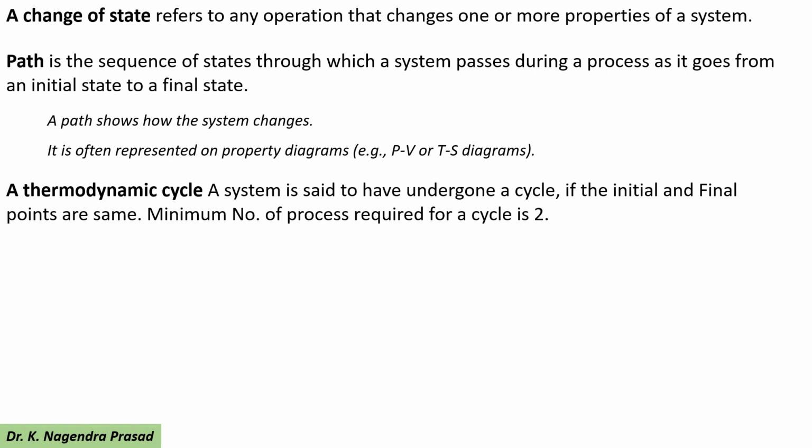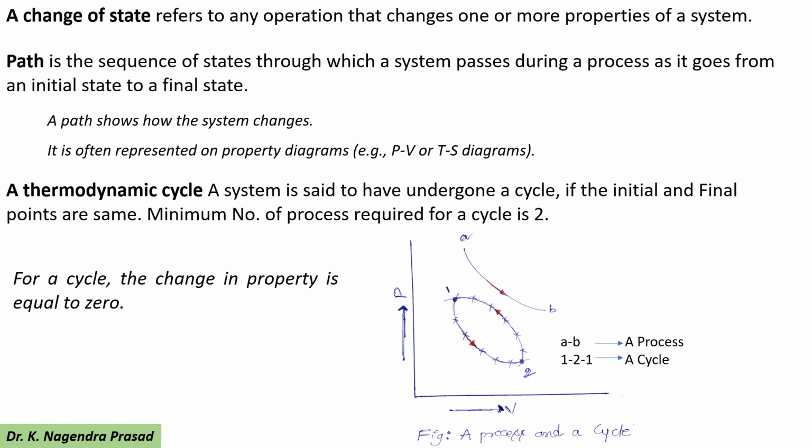A system is said to have undergone a cycle if the initial and final points are the same, and the minimum number of processes required for a cycle is 2. Let's see the schematic representation of the thermodynamic cycle and the process. Here the figure represents a process and a cycle.